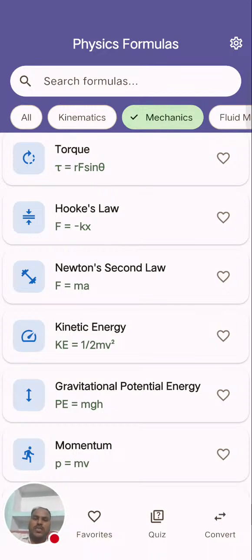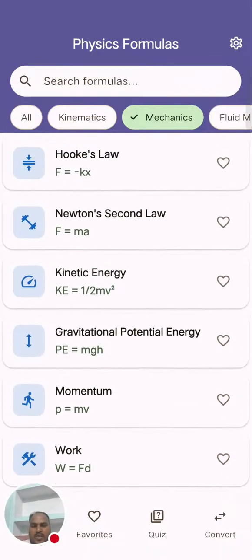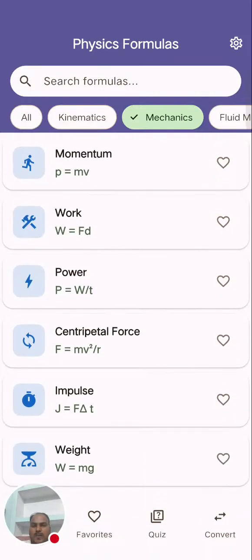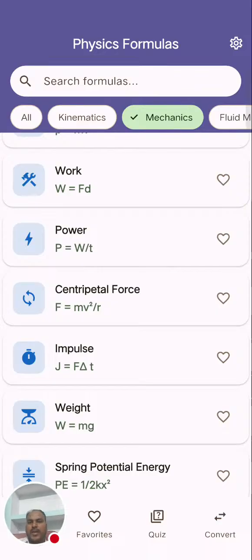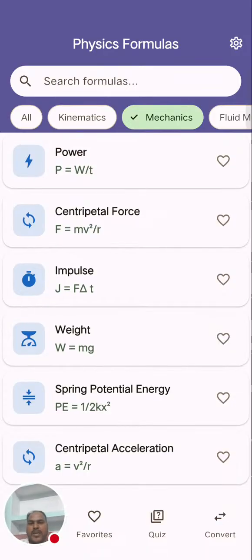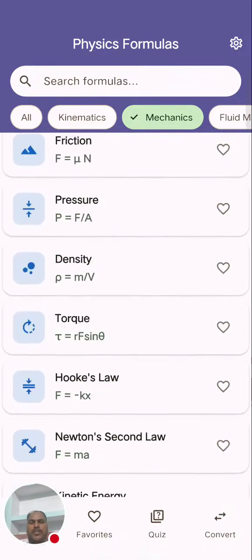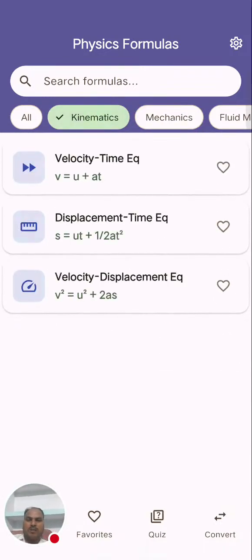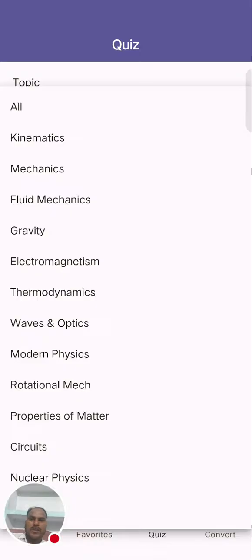In the mechanics we learned about torque, Hooke's law, Newton's second law, kinetic energy, gravitational potential energy, momentum. That's it. Next we will discuss in the mechanics same topic: work, power, impulse, weight and spring potential, and then centripetal force and centripetal acceleration.